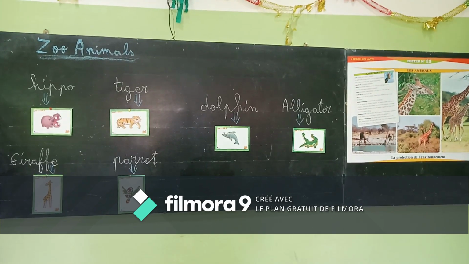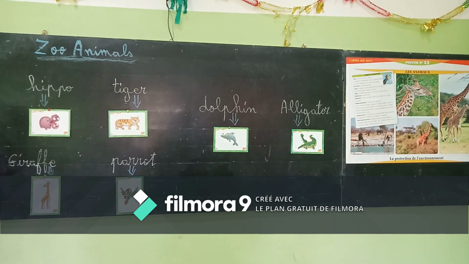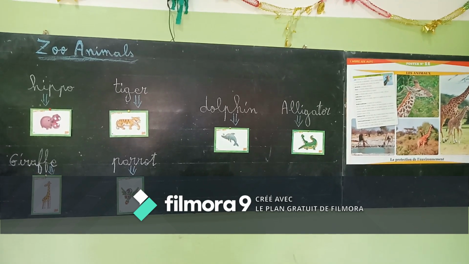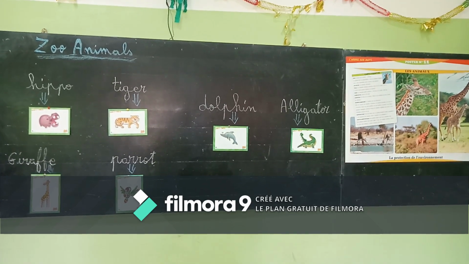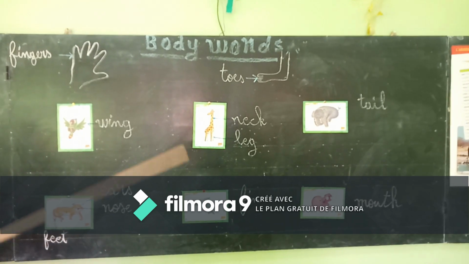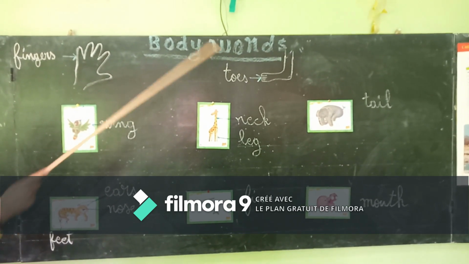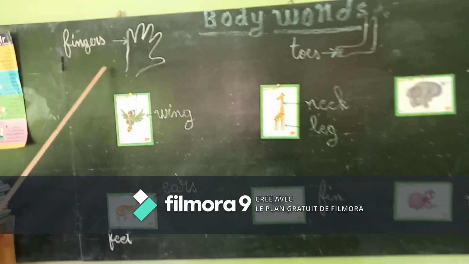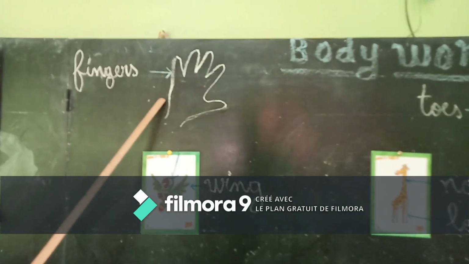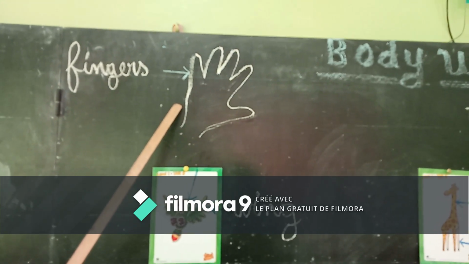Now let's move to another lesson which is about body words for animals. So please listen and try to repeat them. As you see here, you have body words. The first one, you have fingers.